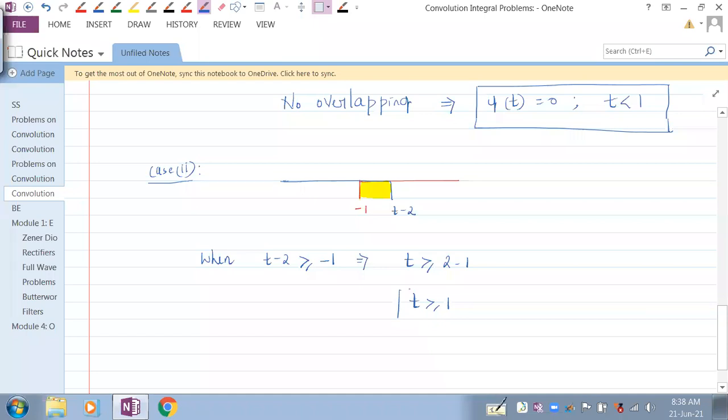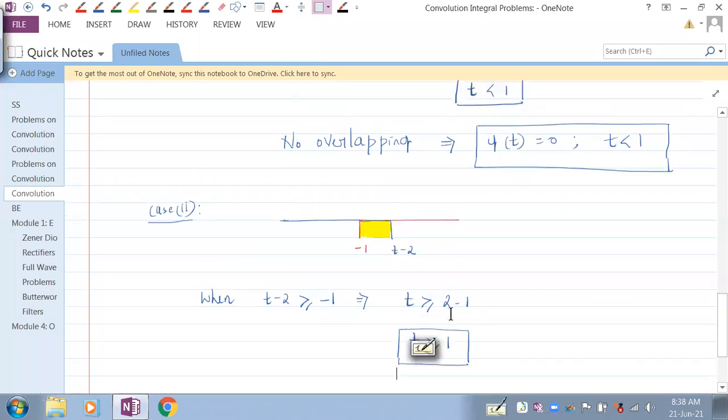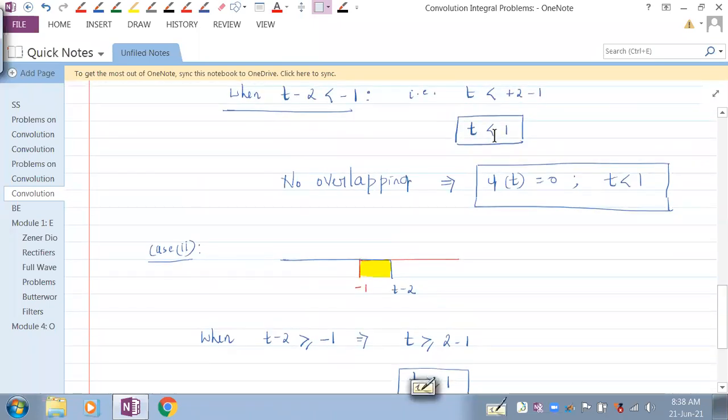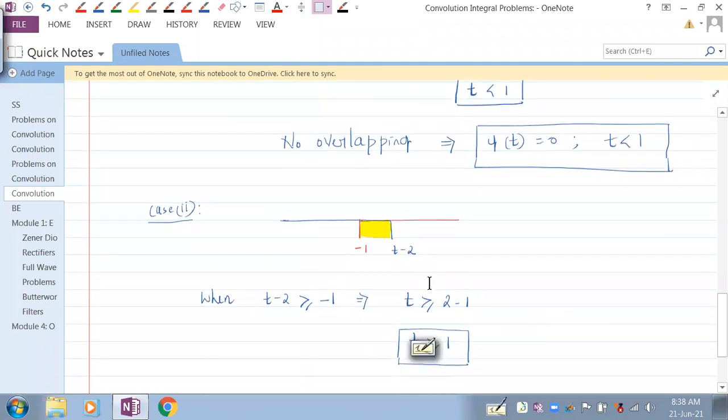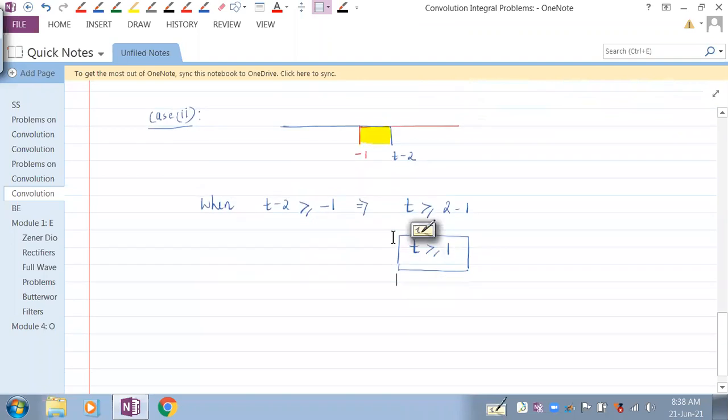So we have to cover the whole x-axis tau. It's t less than 1 means from -infinity to 1, it is this, and from 1 to infinity it is this. There is an overlapping range.